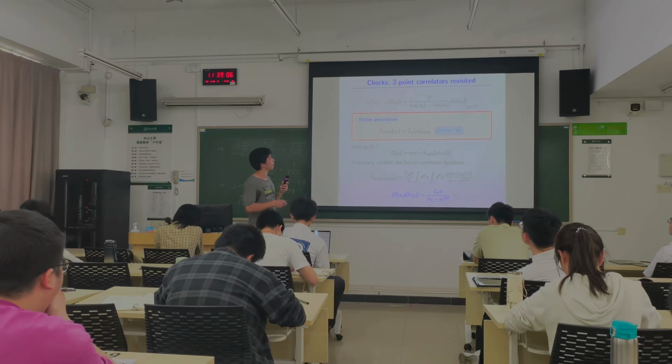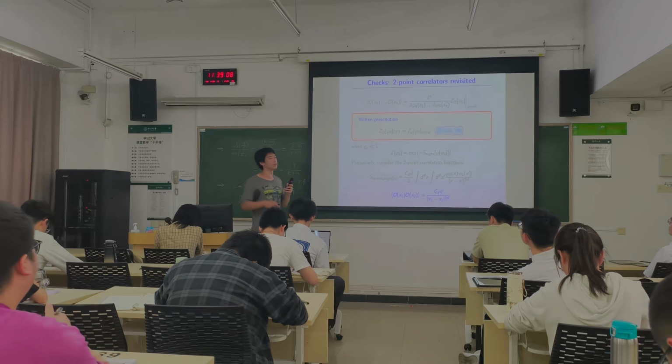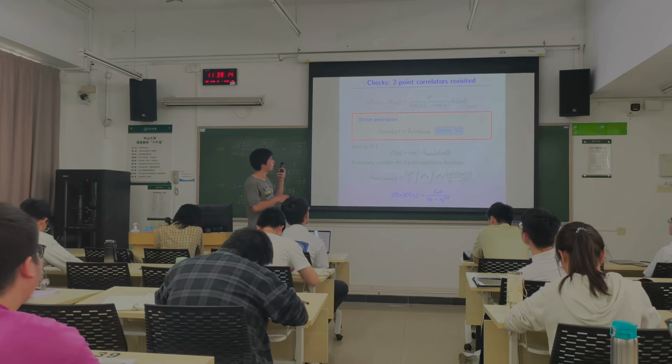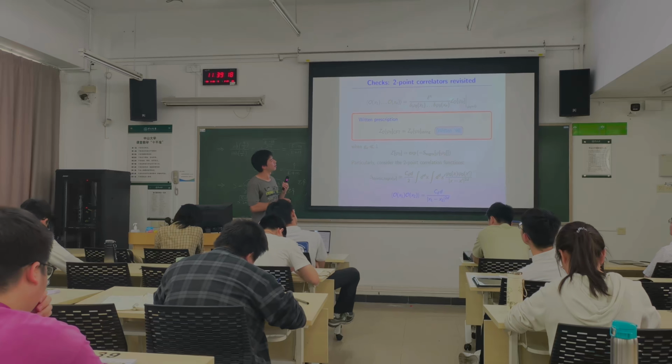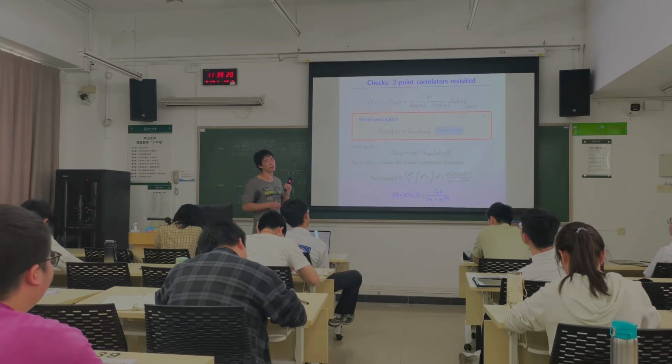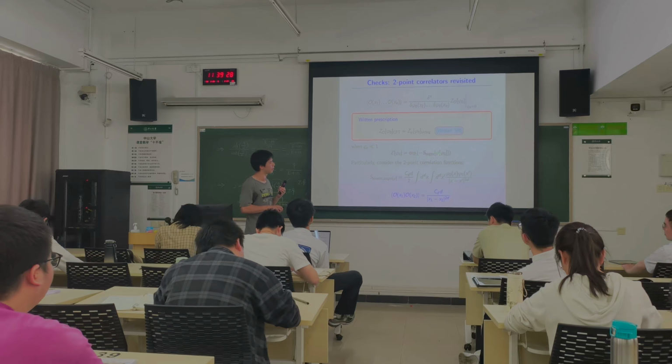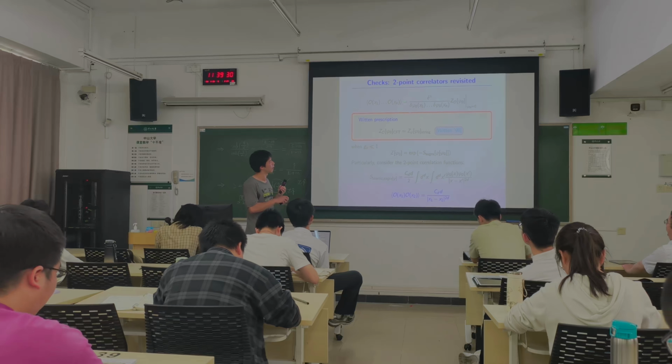And these are the final checks of it, but due to time, I won't do it here. You have a standard way to calculate n-point correlators in quantum field theory. And this is the generating functional. If you learn about the path integral, you understand why it's written like this. Because of this correspondence, we can use the action in supergravity to calculate the generating functional for the gauge theory.